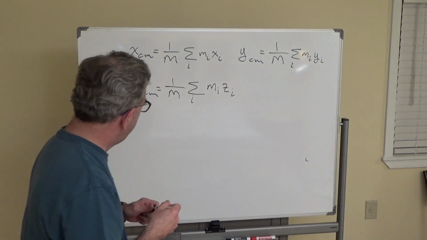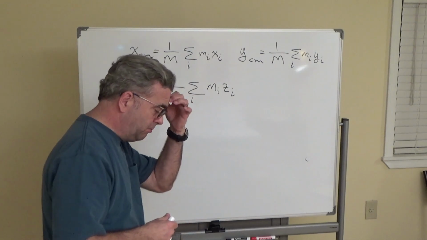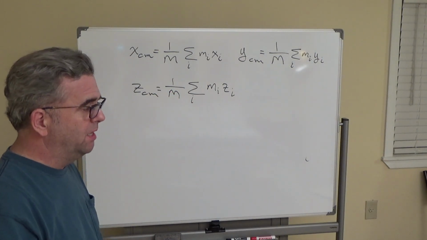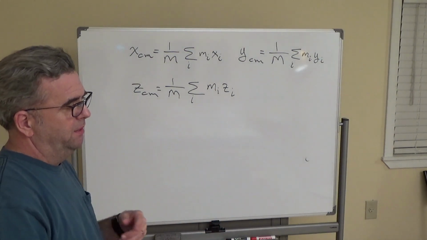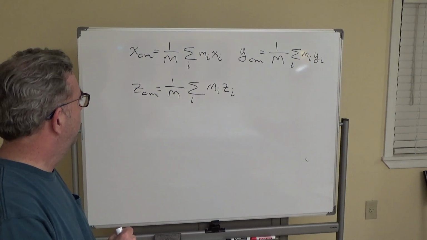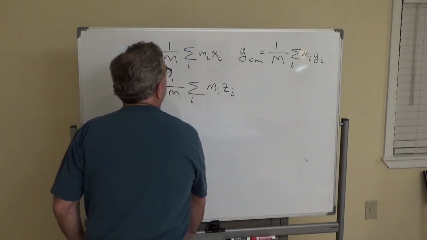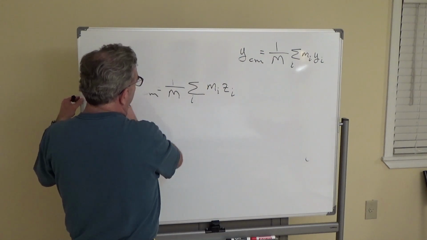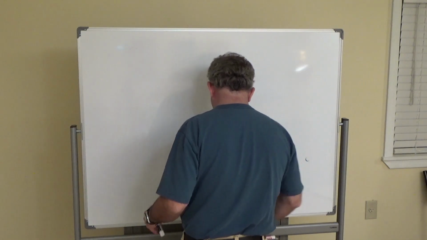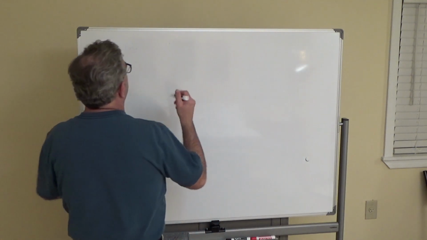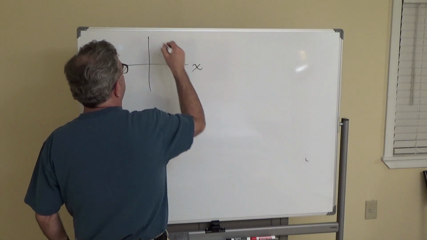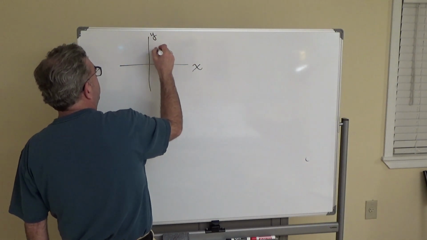And we're going to generalize this shortly to continuous objects, things like spheres and plates and so forth. So let's look at an example of an object. I'm still going to use point particles, but I'm going to make this 3D.